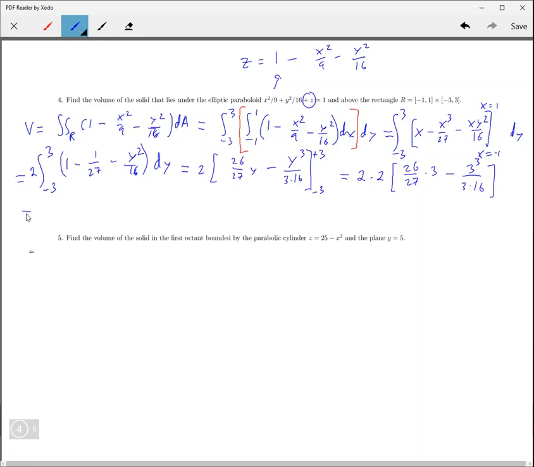Okay, so what do we got now? This is going to reduce that to 9, and then one of these is going to reduce that out. So what do we got? We got 26. So you got the 4 out here, and we have 26 over 9 minus 9 over 16.